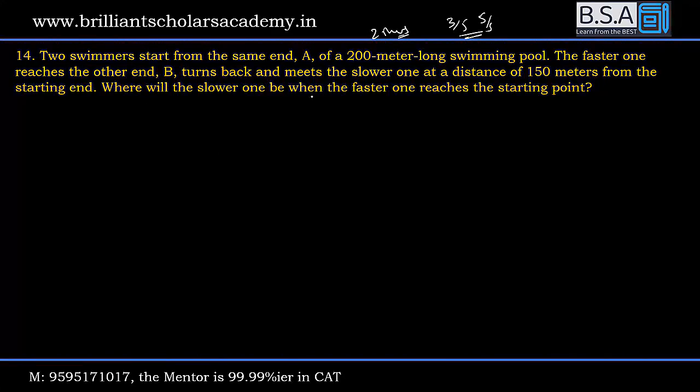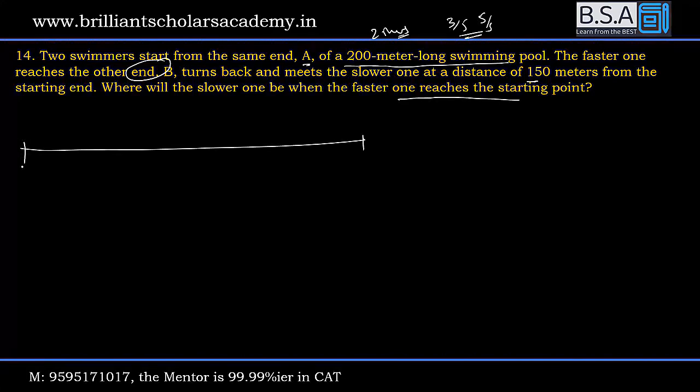Two swimmers start from the same end A of a 200-meter long swimming pool. The faster one reaches end B, turns back, and meets the slower one at a distance of 150 meters from the starting point. Where will the slower one be when the faster one reaches the starting point? So the distance between the 2 points A and B is 200 meters. Very straightforward question.